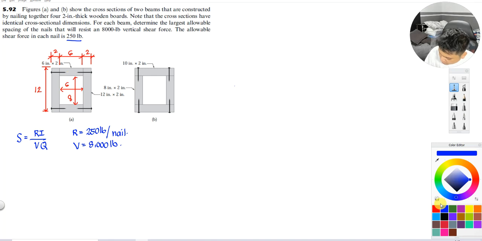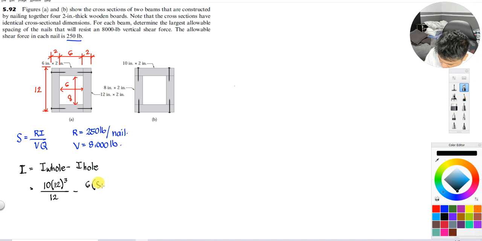So, to solve for the I, I can now have the I would become equals to I ng whole minus I ng whole. So, I ng whole is BH cube. So, 10 H cube all over 12. Okay? Minus I ng whole, 6B cube all over 12. Okay? So, I have now the I.